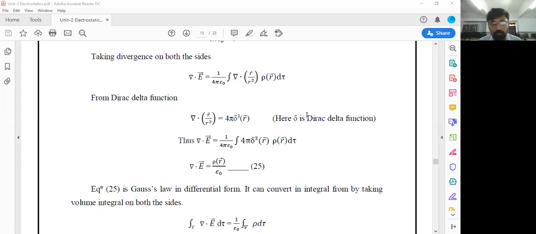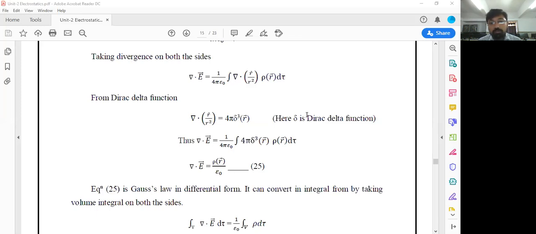From this equation we can cancel out 4 pi from the denominator and numerator. The remaining equation is del dot E equals integration del cube r rho of r into d tau.